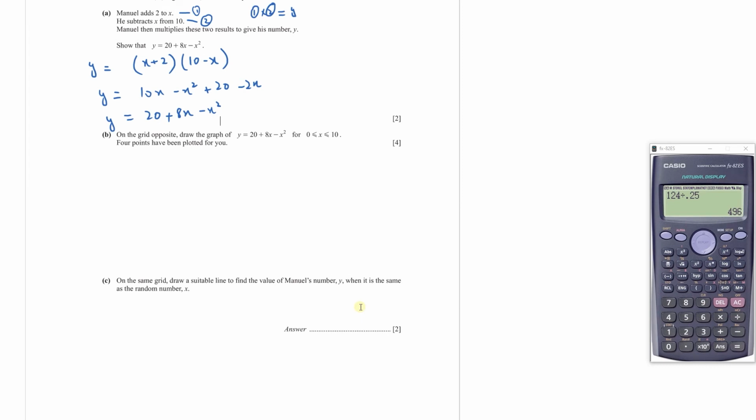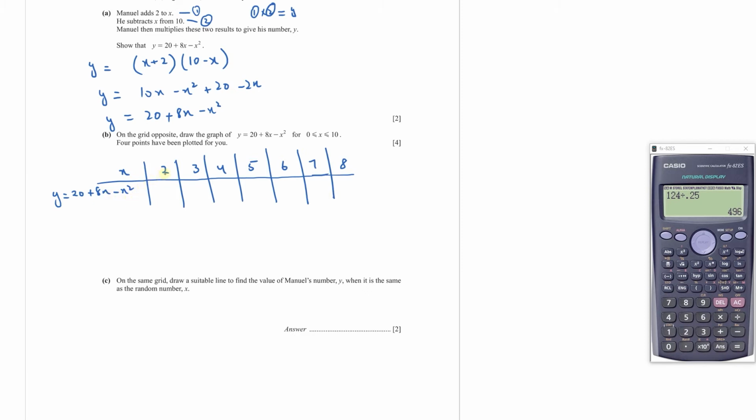So we can quickly create a table here. The x values are 2, 3, 4, 5, 6, 7, and 8, and then y equals 20 plus 8x minus x squared. So we can calculate the corresponding values of y here.